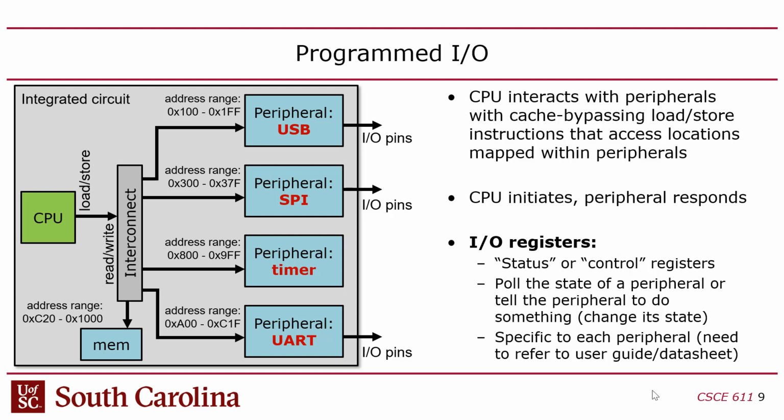So there's an address range associated with peripherals. I/O registers, or some people call them control and status registers, is the term used to designate the addresses that you're writing and reading into for the peripherals.